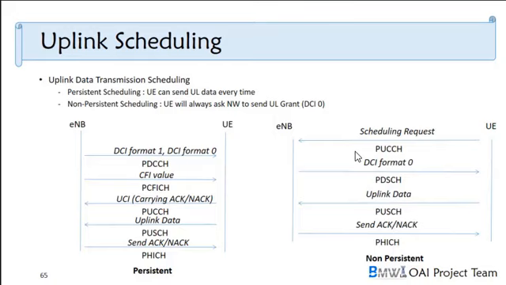But in the non-persistent part, if the UE wants to connect to the eNodeB, the UE needs to request scheduling first. So you can see here there is wasted resource allocation in the persistent case, because even though the UE didn't want to transmit anything to the eNodeB, it always transmits the DCI.